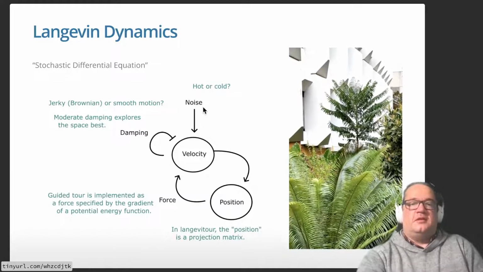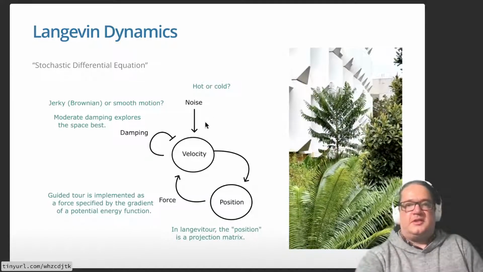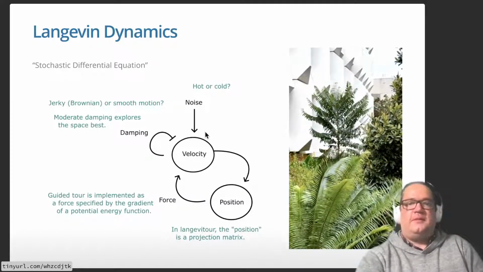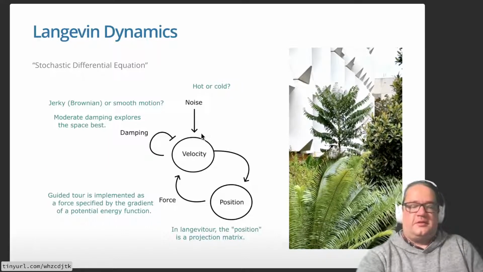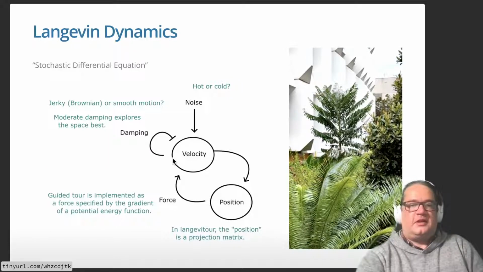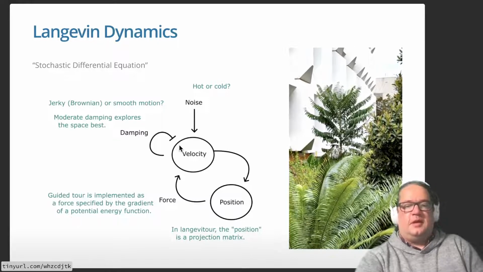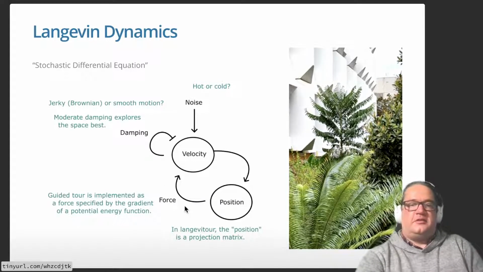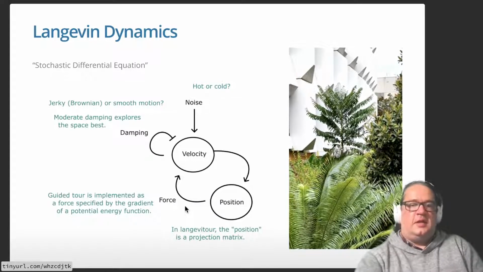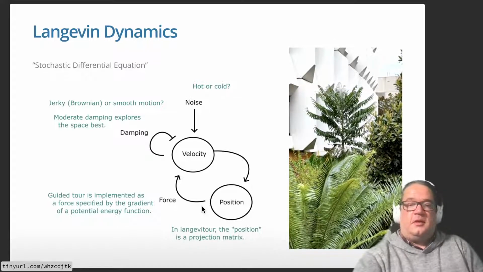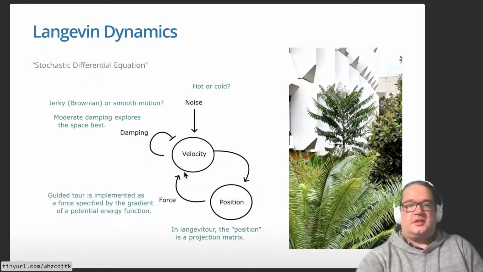There's always noise being injected into the velocity, and we also have some damping to stop the velocity becoming very large. If the guided tour mode is activated, there will be forces based on the position, and they will change the velocity.